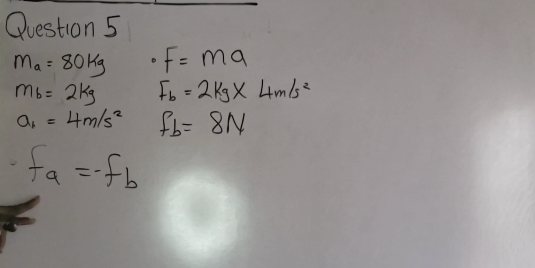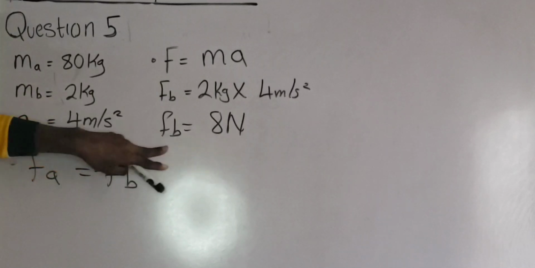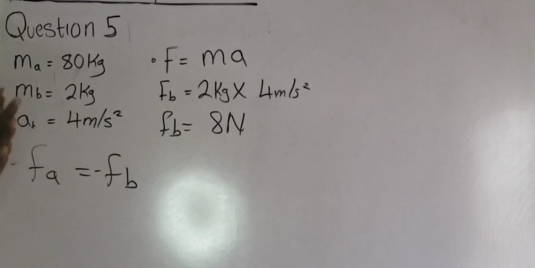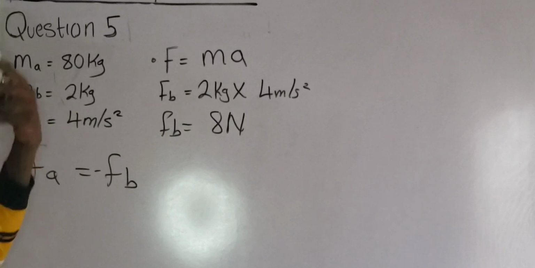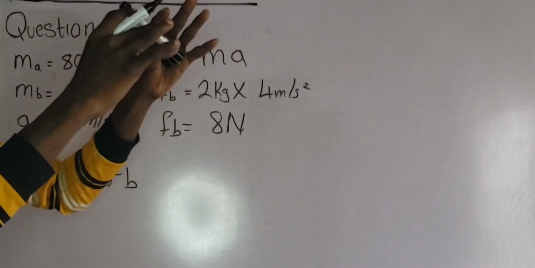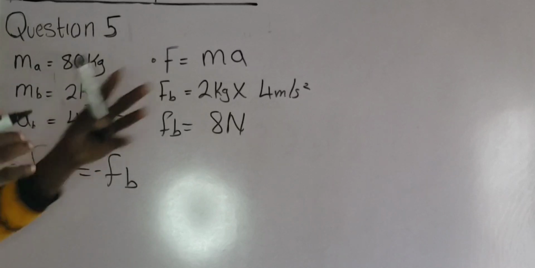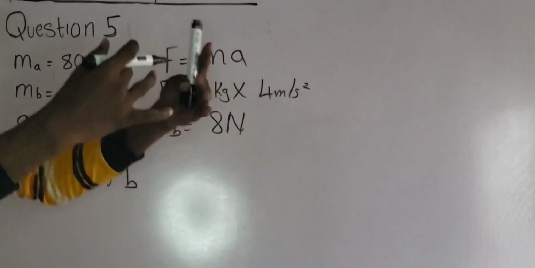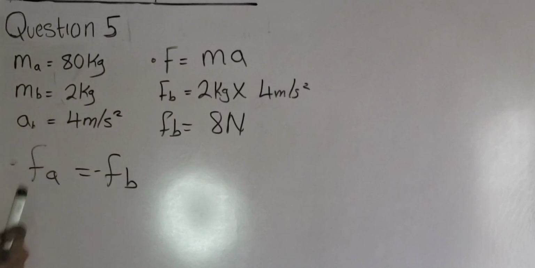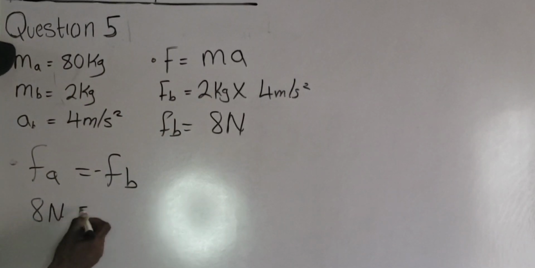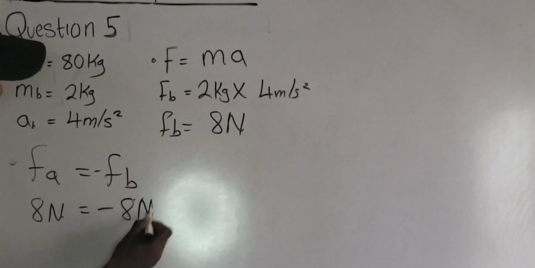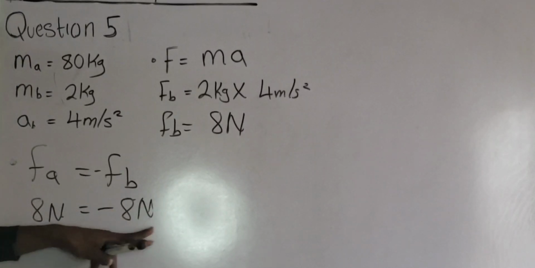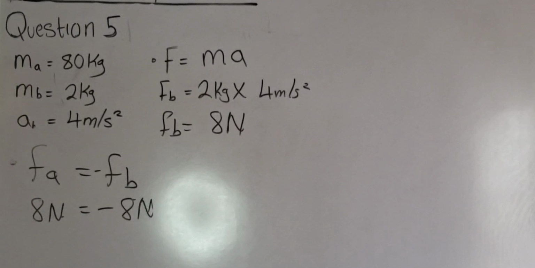Do you understand? So the Fa here is the first force, that is the first force that the astronaut exerts on the box. Then Fb is the force that the box exerts on the astronaut. In that case, 8 Newton is equal to minus 8 Newton, where minus 8 Newton is the force that the box exerts on the astronaut.